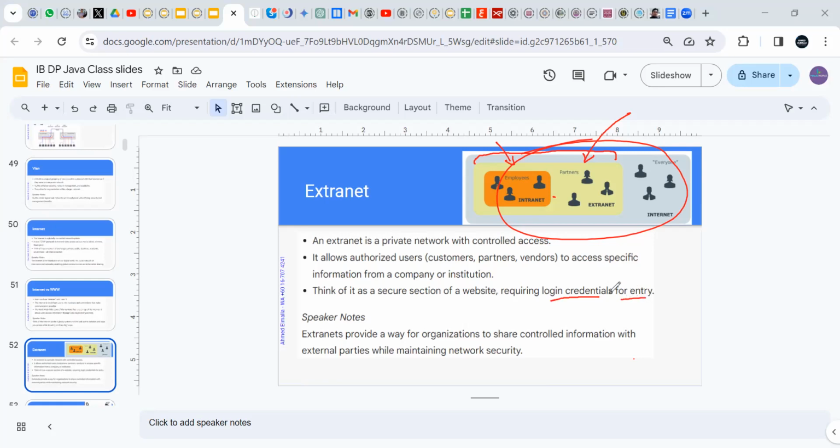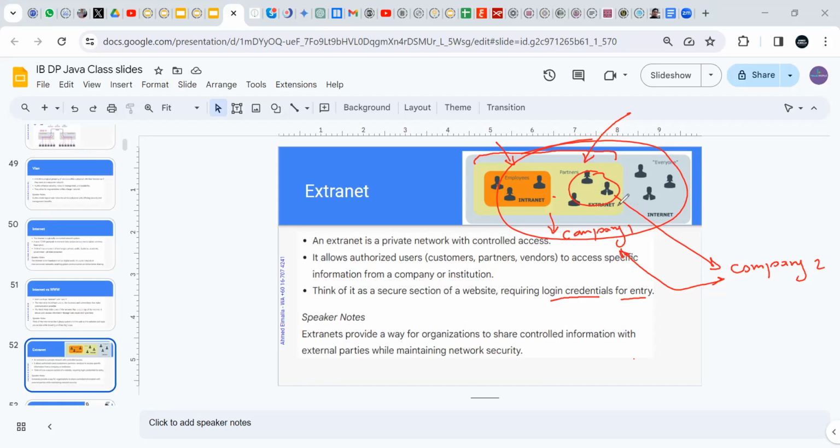Yes. Okay, so those partners that are allowed to enter, there could be other companies that this first company, company one, and this three can belong to company two that partner with company one to provide a service to them.